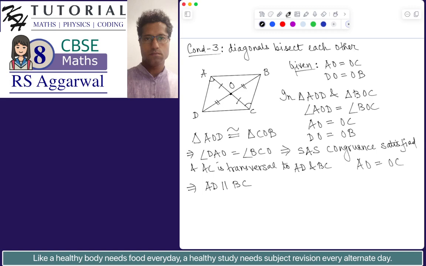So we have to consider again triangle AOB and triangle DOC. We have obviously the pair of opposite angles equal, that is angle AOB is equal to vertically opposite angle DOC. Also we have AO is equal to OC, and DO is equal to OB.